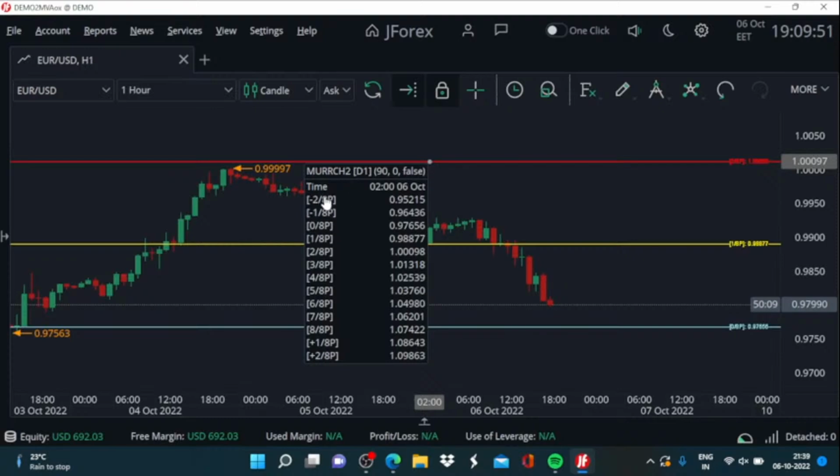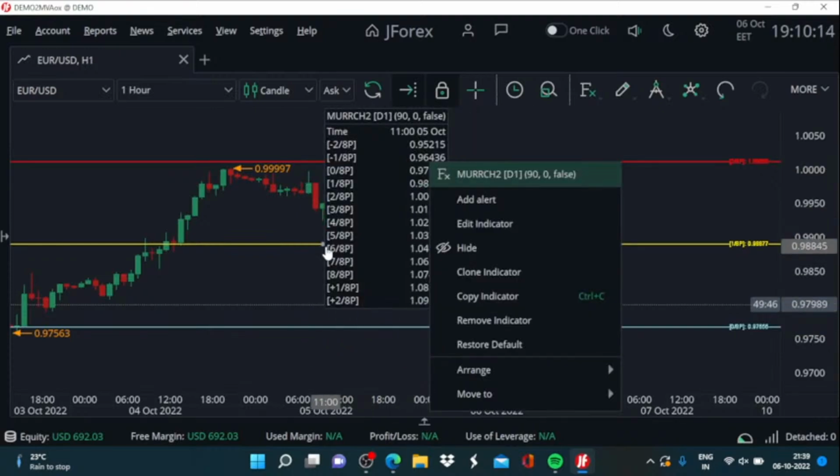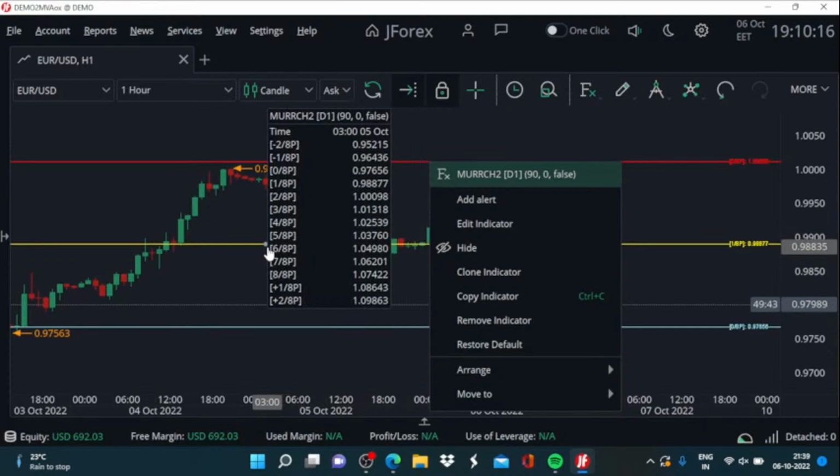We get output lines starting from 0/8 pivot point all the way to 8/8 pivot point, and then we have this additional plus 1/8 pivot point and plus 2/8 pivot point. And on the lower side we have these minus 2/8 pivot point and minus 1/8 pivot point.